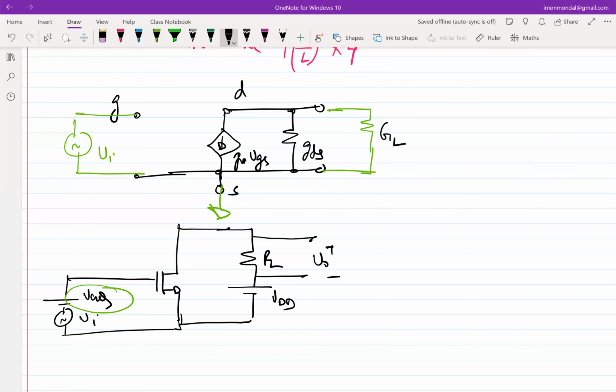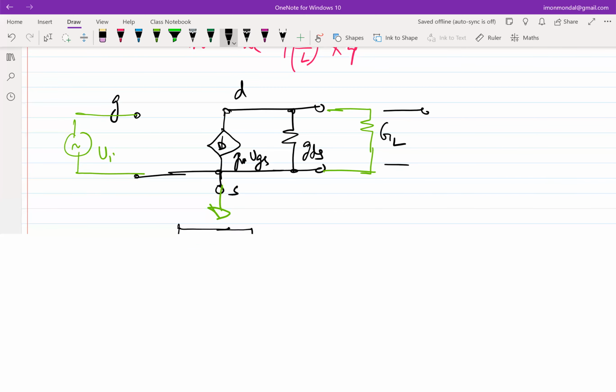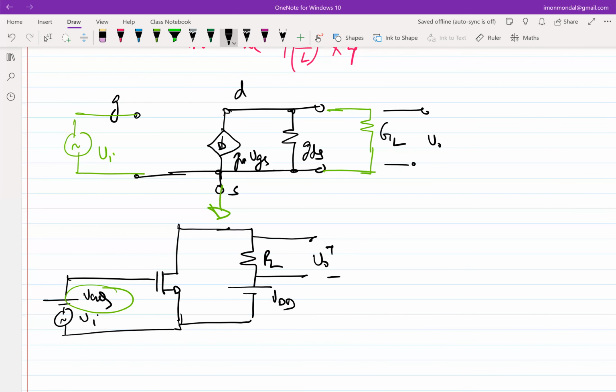So now, what is V0? VGS is VI, right? So the current is GM times VI flowing into a parallel combination of GDS and GL.